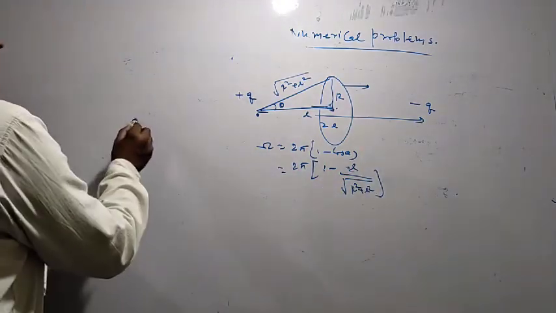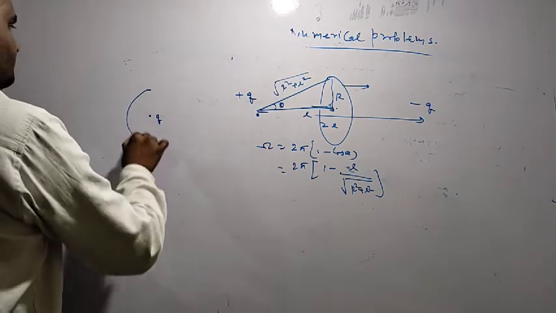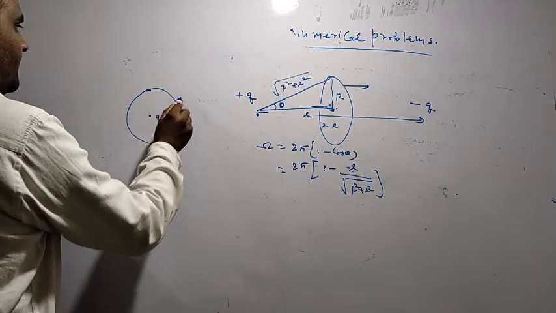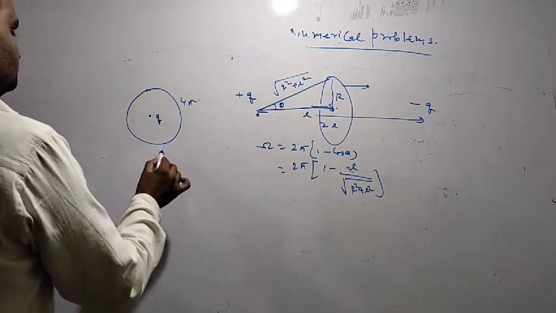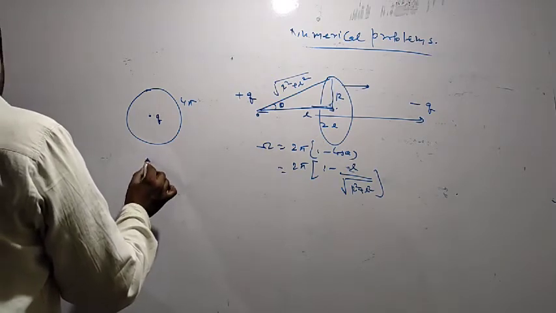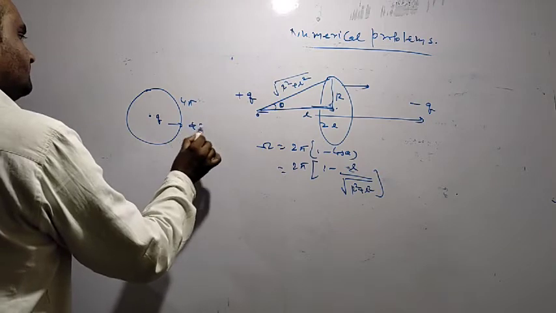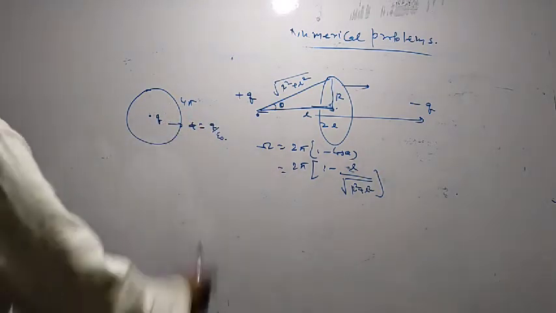You know that when you have a Q charge, then we have a sphere. It forms a solid angle of 4 pi at this point, and the flux is charge enclosed by epsilon naught.